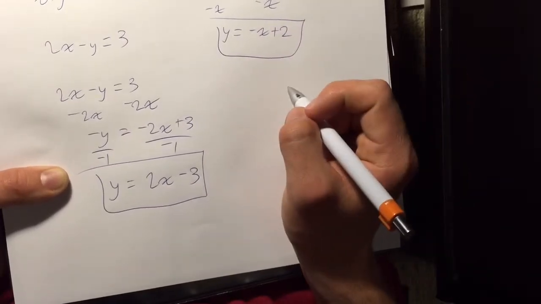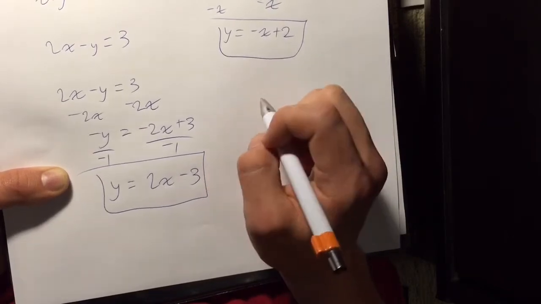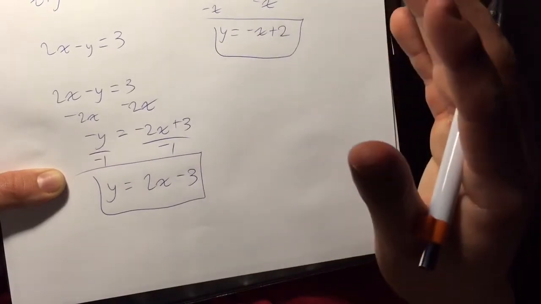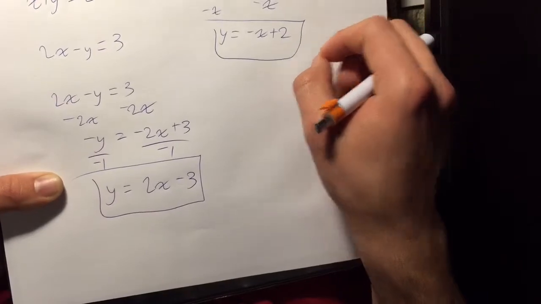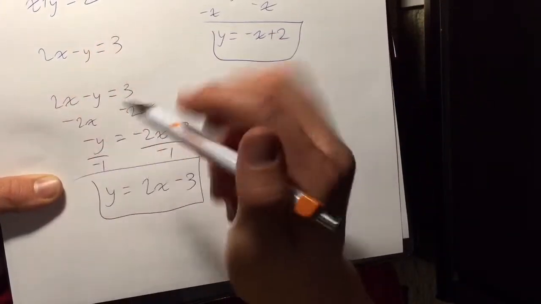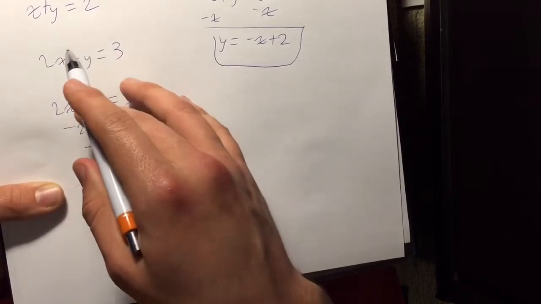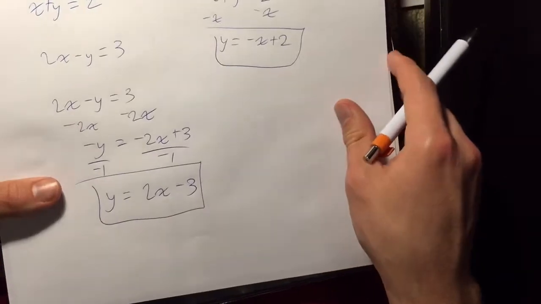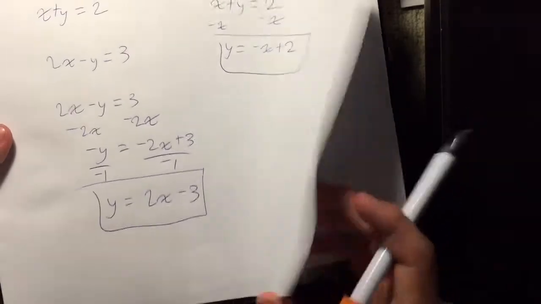So what that means is if you graph that out, you will find that the two lines cross each other at a certain point, which means that there's a certain solution that suits the two missing variables. Now, for the next example, we are going to do a dependent and consistent case.